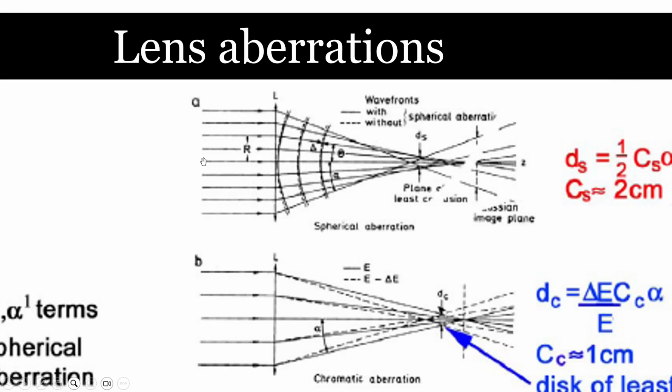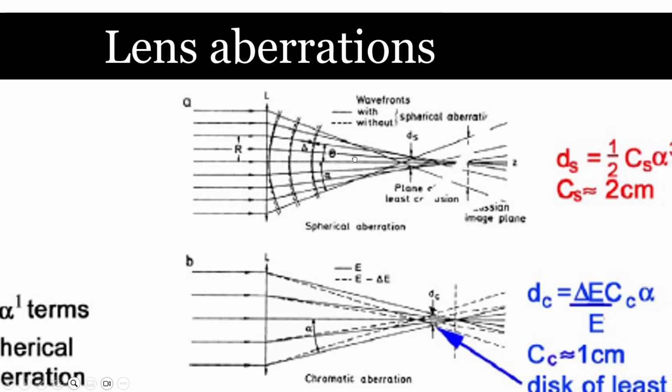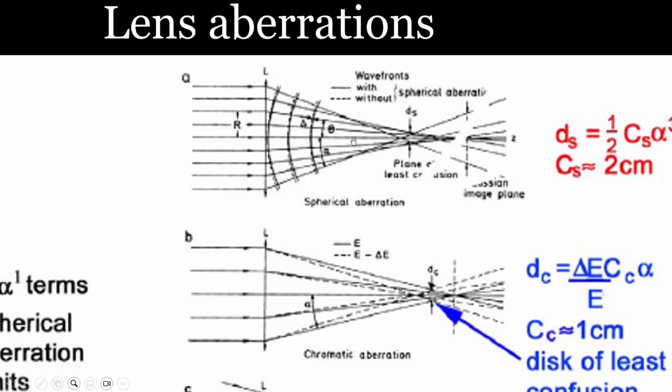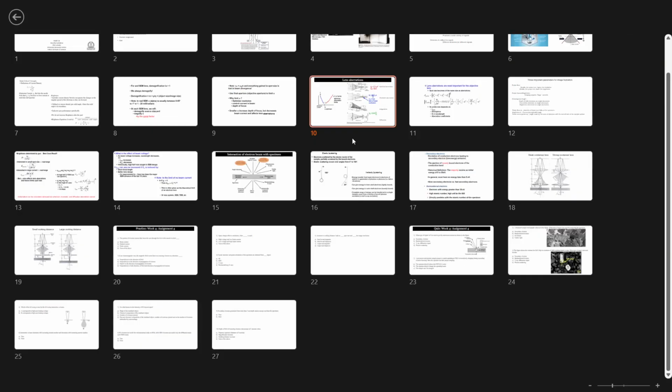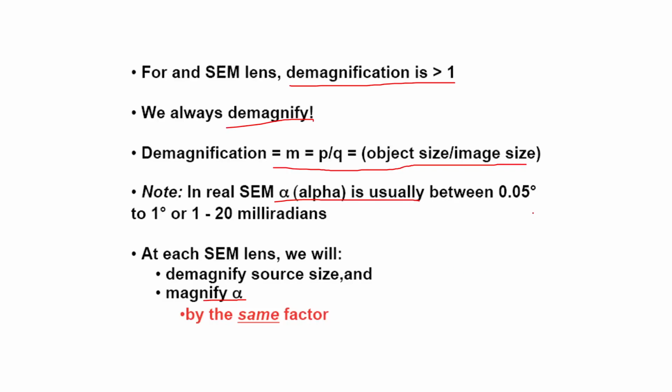If this is your optic axis, where I am keeping my hand, and your ray is being focused over here, then the angle between your ray and the optic axis is the angle alpha. I hope I can draw it so that you can visualize it more clearly.